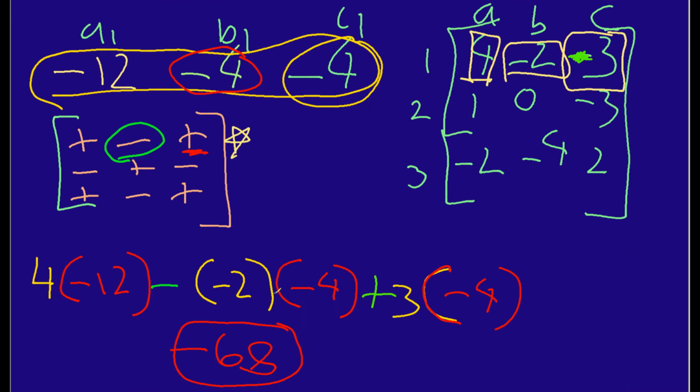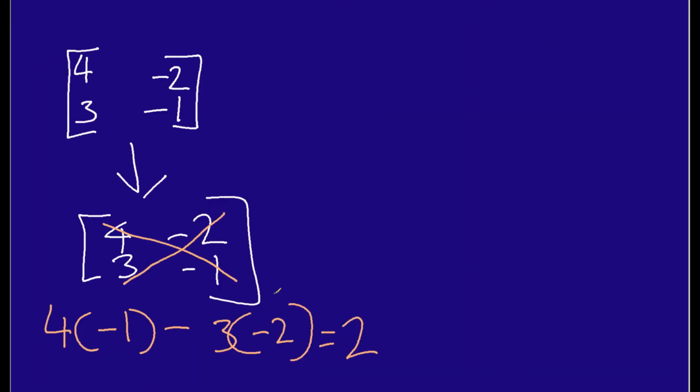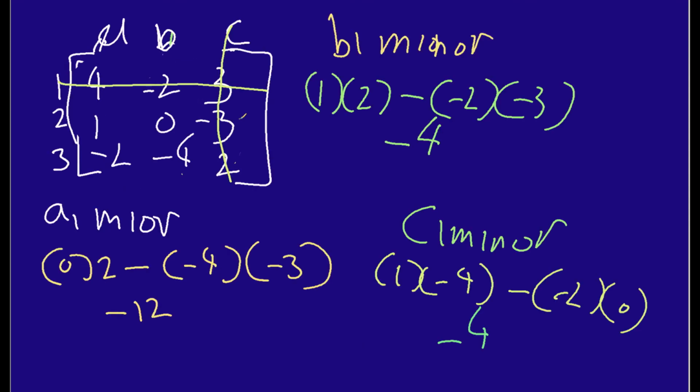So let me back up and explain what happened here, and then we can conclude this video. What happened was that we started by looking at how to deal with the 2x2 matrix. In a 2x2 matrix, all you simply do is you multiply the diagonals and subtract them, you find the difference, if you will. Not that complicated. When you move to a larger matrix, for example, a 3x3 matrix, you can't do it exactly like that.